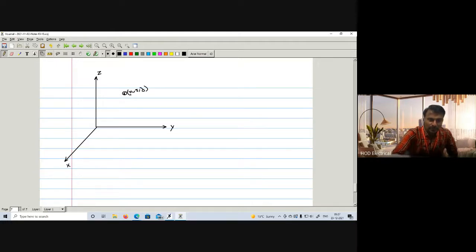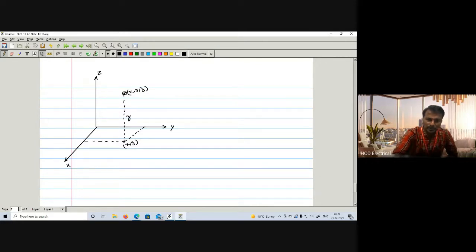If this is the point, first we will represent the projection of this point in the xy plane. This is the xy plane. So how can we draw this parallelogram? We can draw it like this, and this is the way this point will be the x comma y point. It is in the xy plane, and this height will be z.